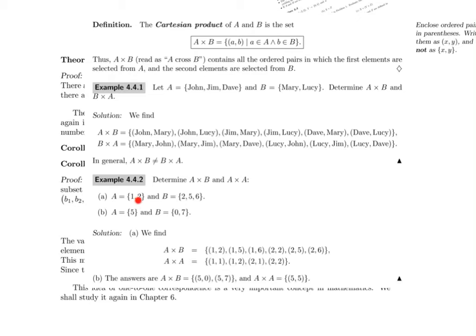Next, we went to the next value of A, which was 2, and we put that as our first coordinate in some ordered pairs, choosing elements from B as the second coordinate. So again, we had 3 ordered pairs from that. Because we have 2 elements in A, that gives us a total of 2 times 3, which is 6 elements.